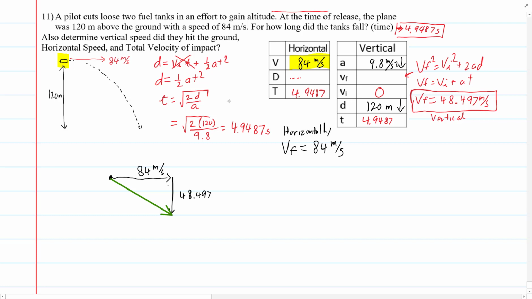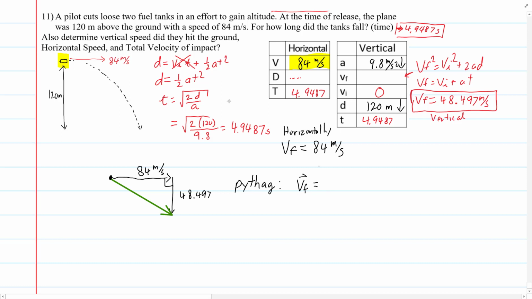Well, it's a right-angled triangle because horizontal and vertical are at right angles. So we can use Pythagoras to get the length of that. I'll call it Pythag, and that will be the hypotenuse, which is the final velocity, and it's the vertical. And to calculate it, we have to square both.